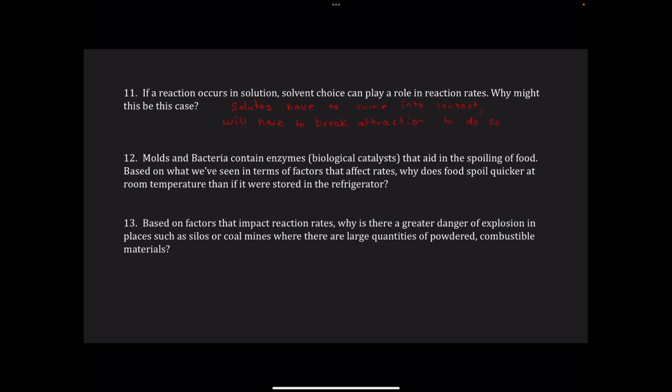So when we say that solvent choice can be important, if our solvent is too strongly attracted to the solutes, it can become hard to break those attractions and get our solutes to interact. So we have to choose the right solvent where we have enough attraction to form the solution, but the attraction is not too strong that the solutes can't come into contact.